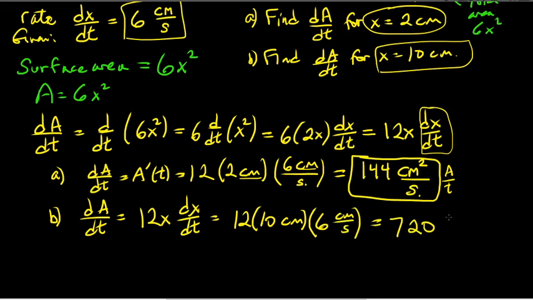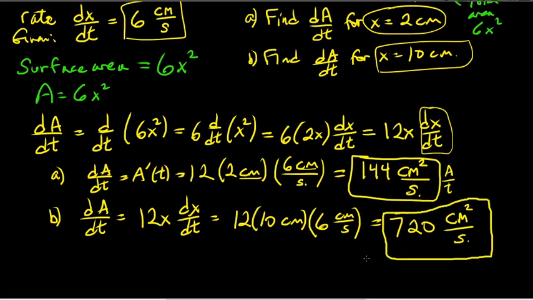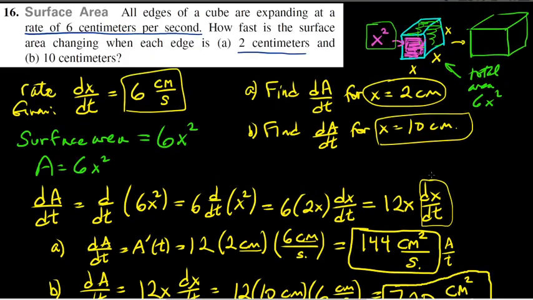Don't quote me on this yet, I think it's 720 square centimeters per second. So yeah, 12 times 6 is 72, and 72 times 10, yeah, 720 square centimeters per second. So that's part B. Okay, so that's how that goes.